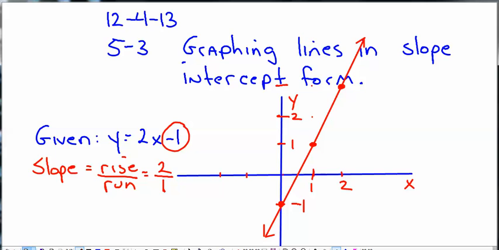Alright, then let's graph y equals -3x plus 4.